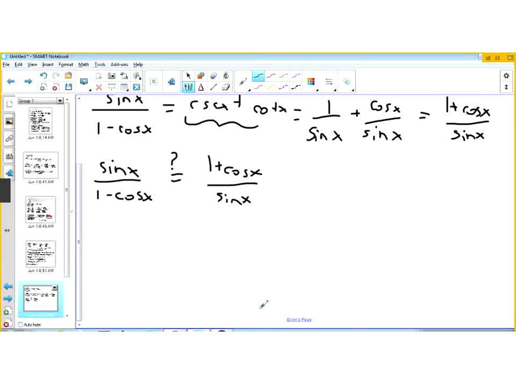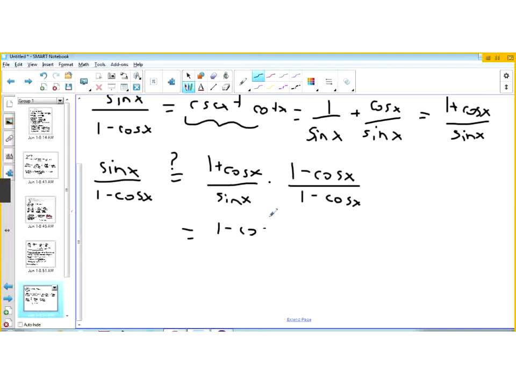Okay, so what if I were to multiply the right-hand side by the conjugate of the numerator, which would be 1 minus cosine x, upstairs and downstairs by the conjugate. Okay, and so the right-hand side would become, well, it essentially converts to a difference of 2 squares.